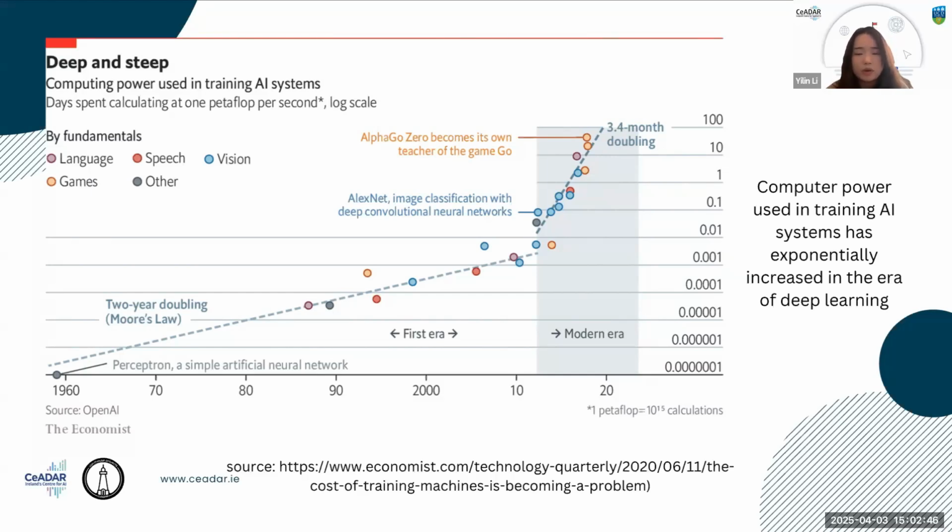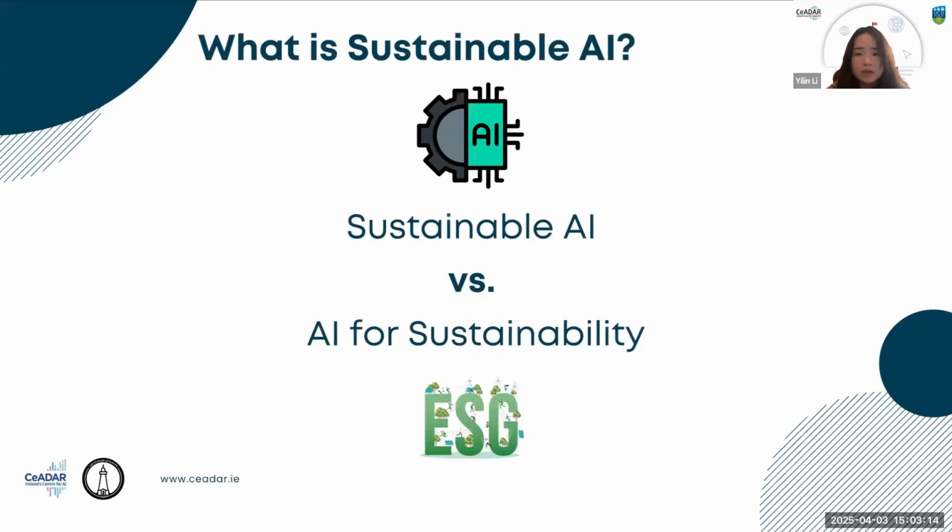That is a huge amount of processing, and this is on a log scale, which means every step up is a 10 times increase. So training today's powerful AI models requires massive energy and hardware resources, and that growth is accelerating.